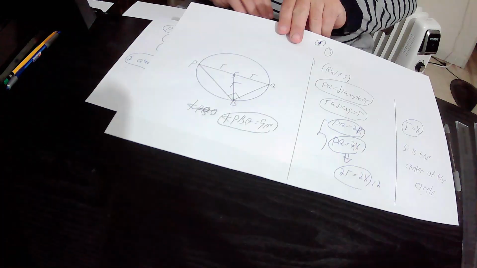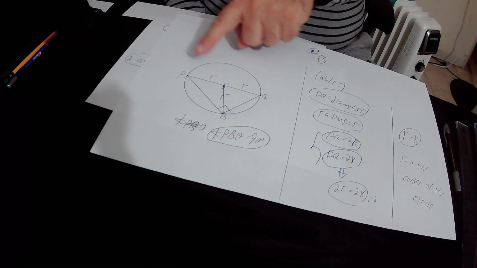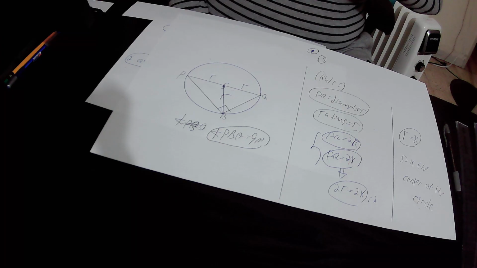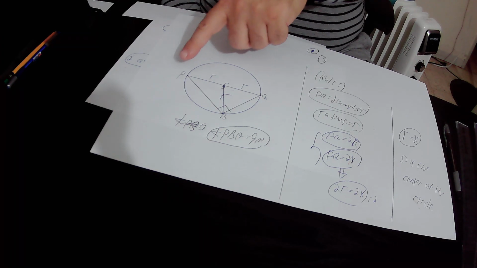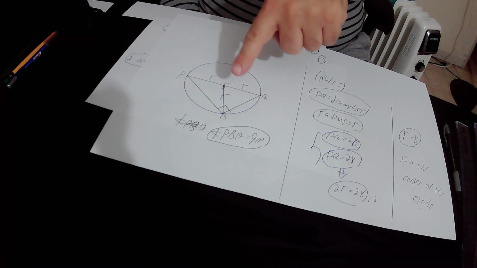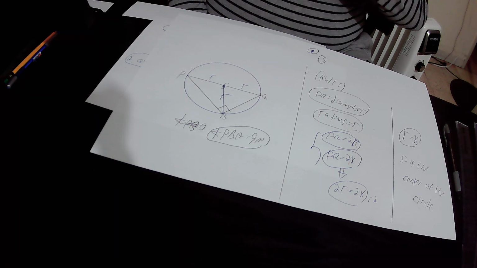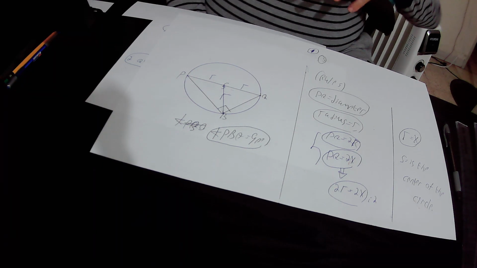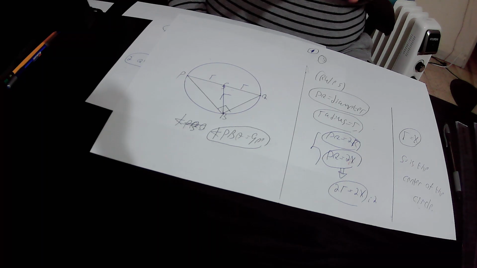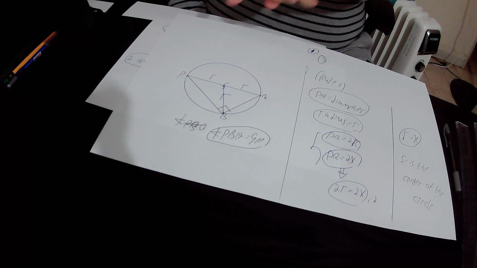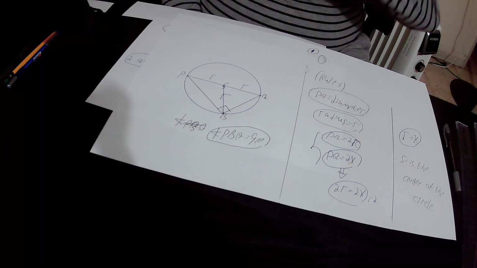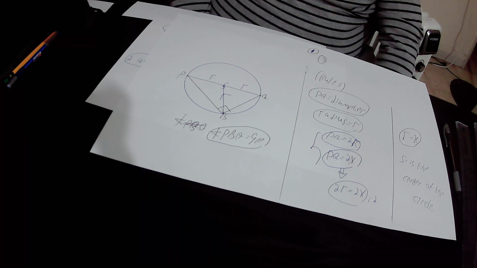This is the right triangle PBQ that I copied from the original drawing, and I blocked it by this circle. In the drawing we have a circle. Inside this circle we have the peripheral angle PBQ that is equal to 90 degrees.